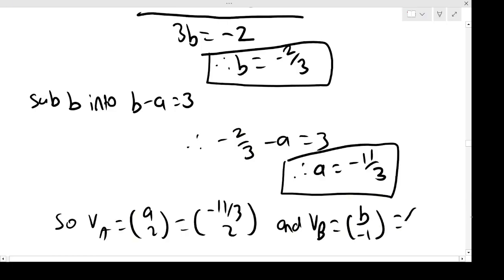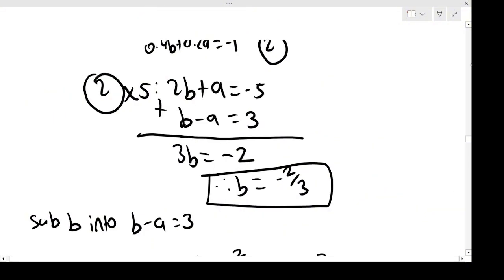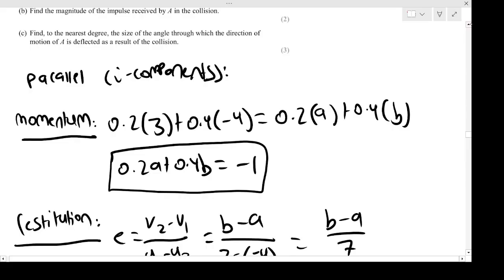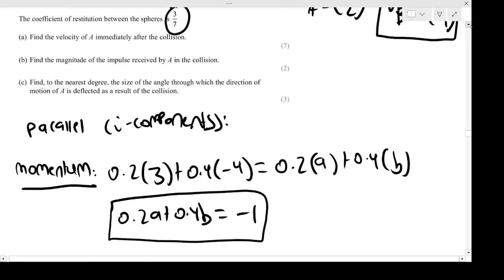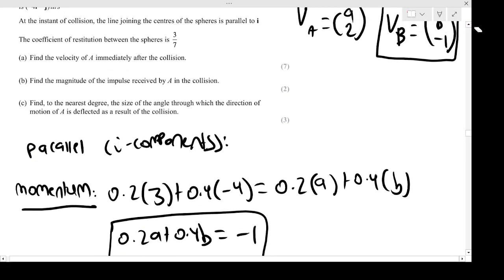And so B is -2/3, okay, and there we are. Those are my two vectors, okay. Those are my two velocities afterwards. Okay, so fairly straightforward, 7 marks, I think.